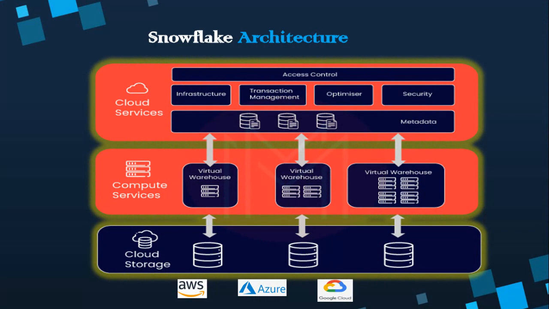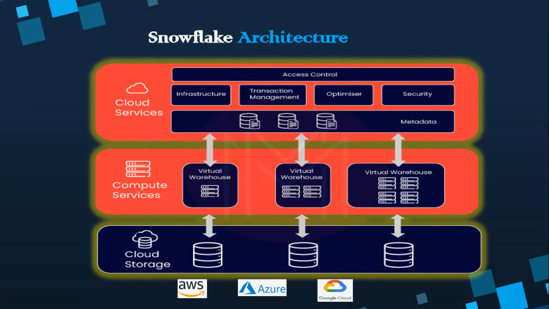Optimizer is one of the important components. The optimizer will check the SQL syntax when you try to execute a SQL query. If you have any syntax errors in your Snowflake query, the optimizer will throw the errors and will not process you further.